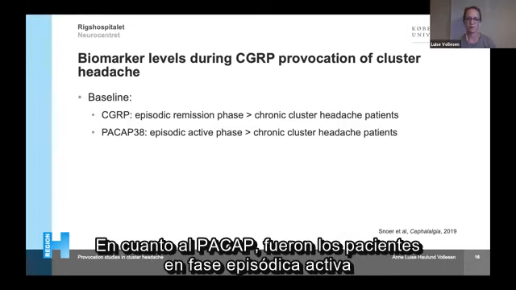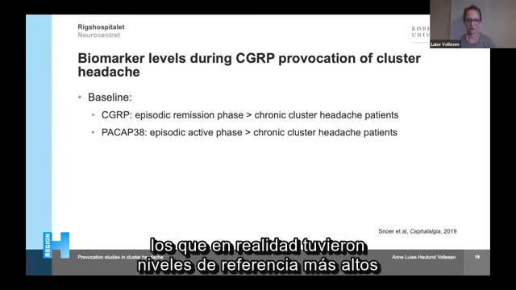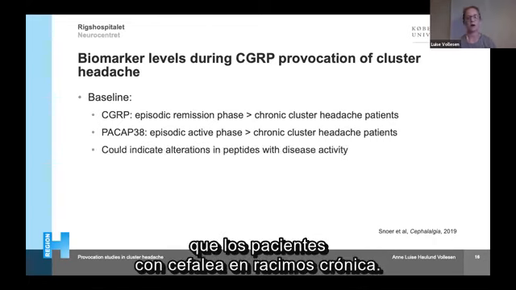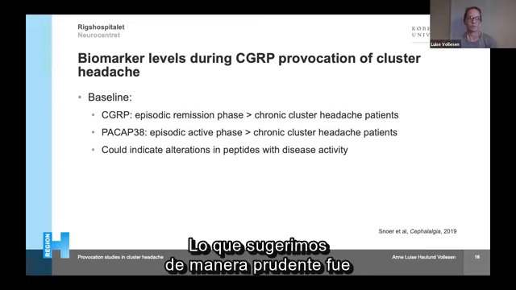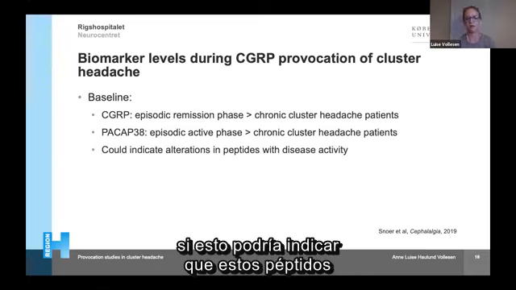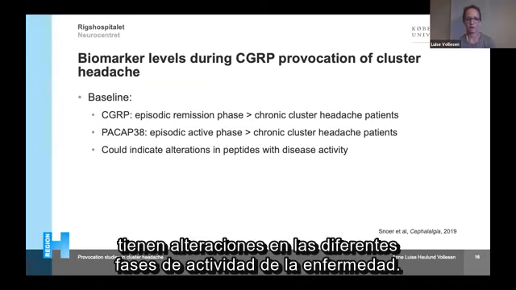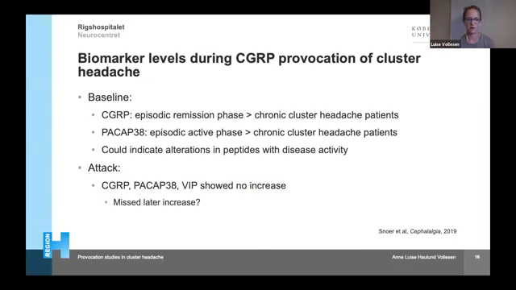And for PACAP, it was the episodic active phase patients who had higher baseline levels than the chronic cluster headache patients. And what we just cautiously suggested was, could this indicate that these peptides have alterations with these different disease activity phases?